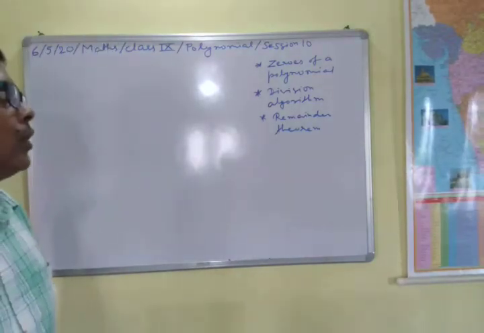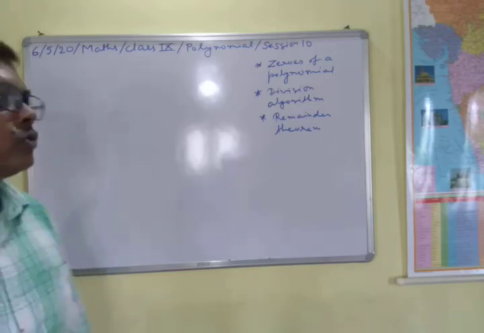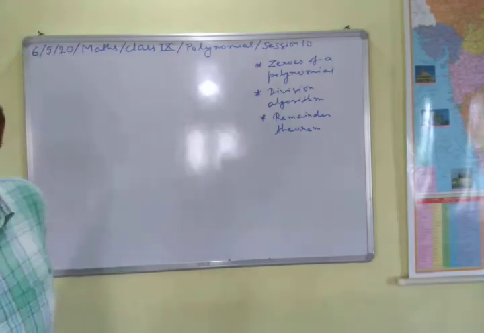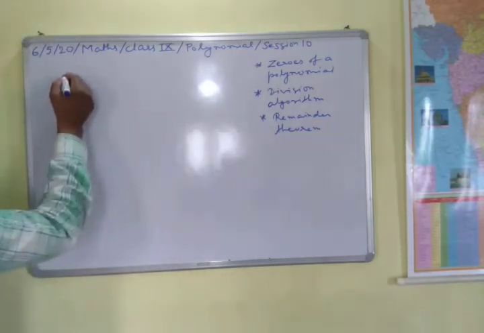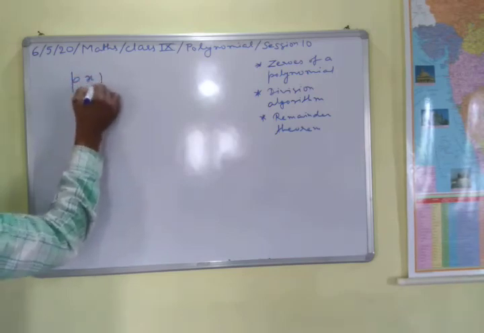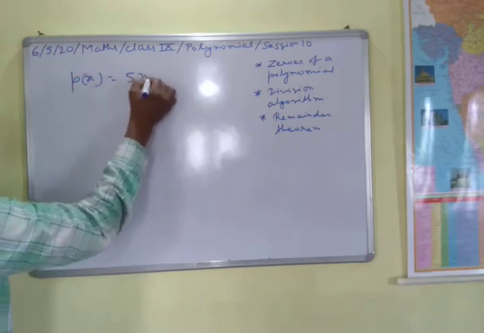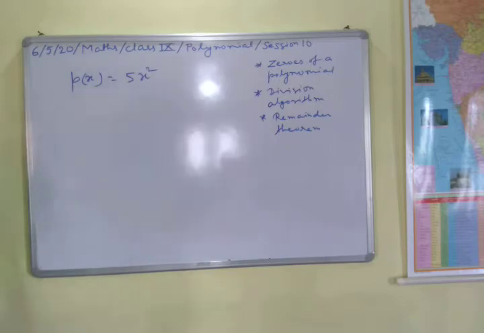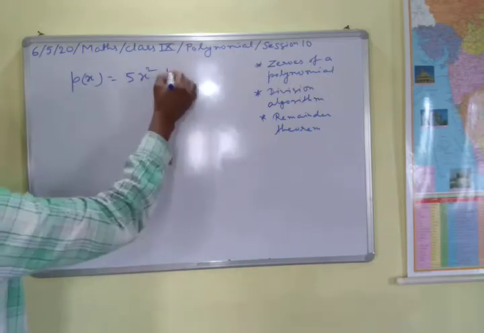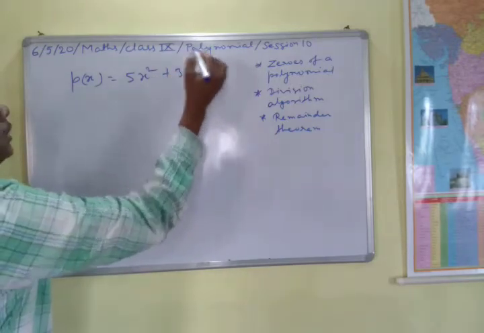So first, what is the meaning of zeros of a polynomial? First take the example of p(x) equal to 5x square plus 3x minus 8.